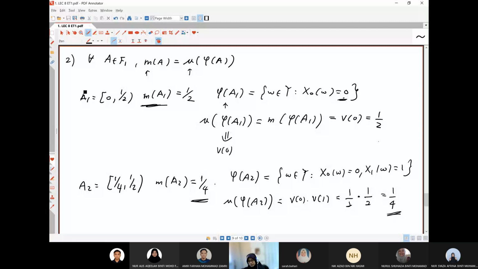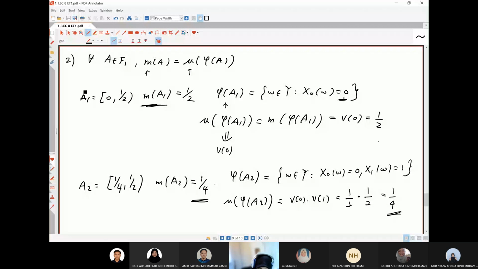Kalau 6 lah, 1 over 6, 1 over 6, 1 over 6. Yang ni sebab dia 0, 1, sebab tu kita buat 1 over 2 dengan 1 over 2. Correct. Sebab E dia tu adalah from 0 to 1, 0, 1 je. Okay doktor. Dah salin. Okay dah, alright.